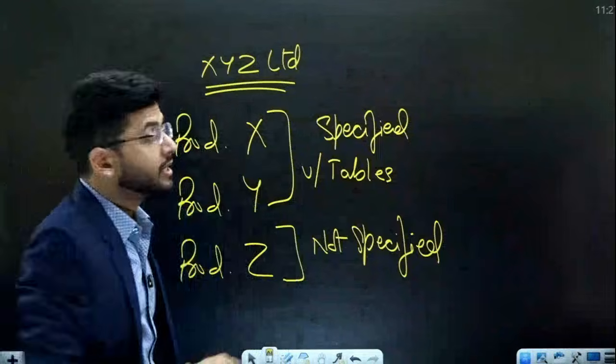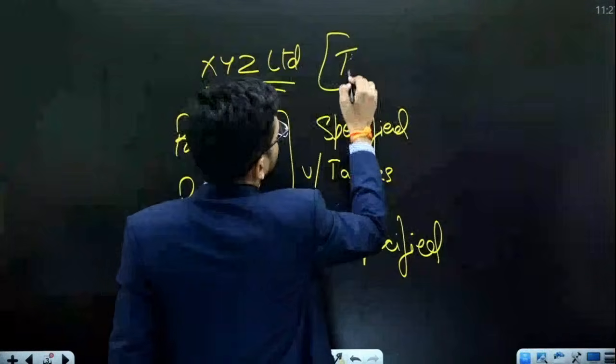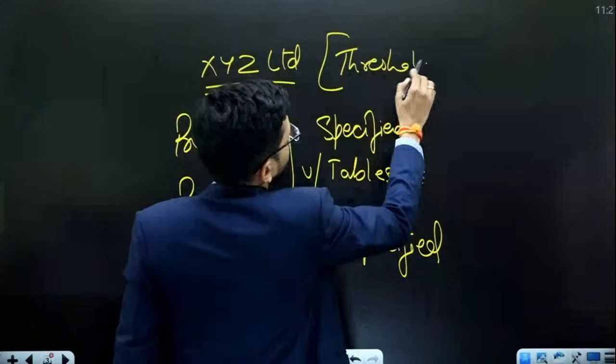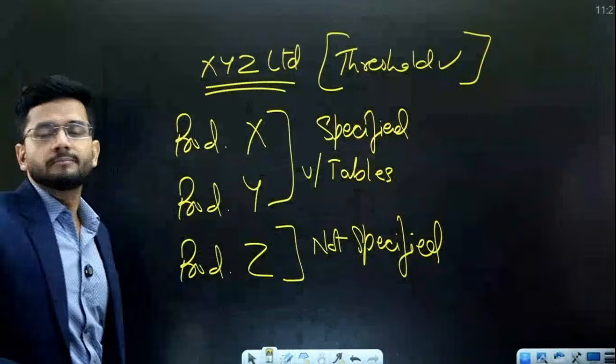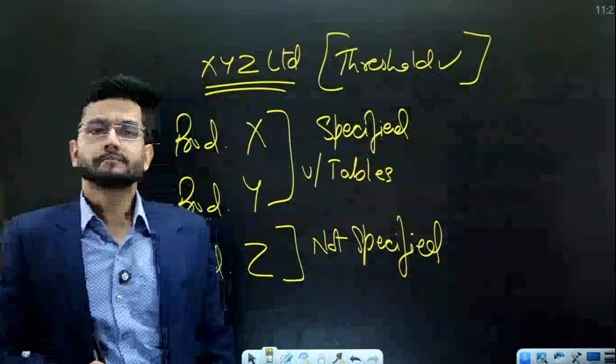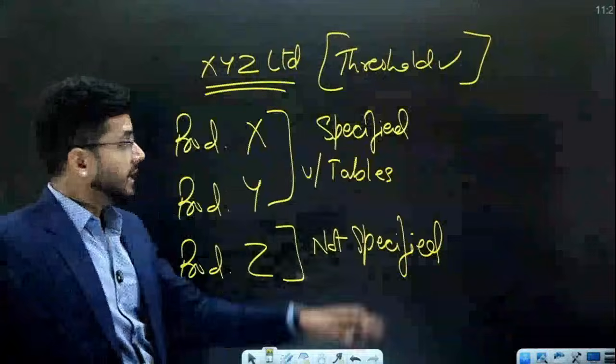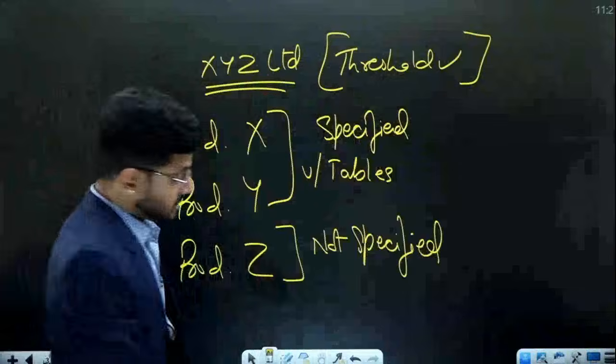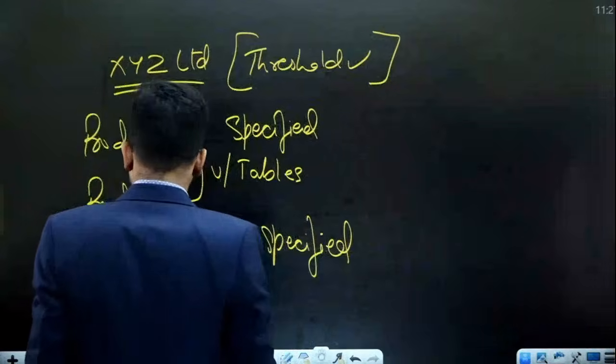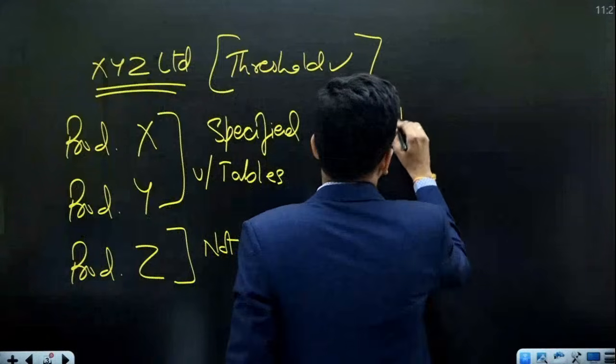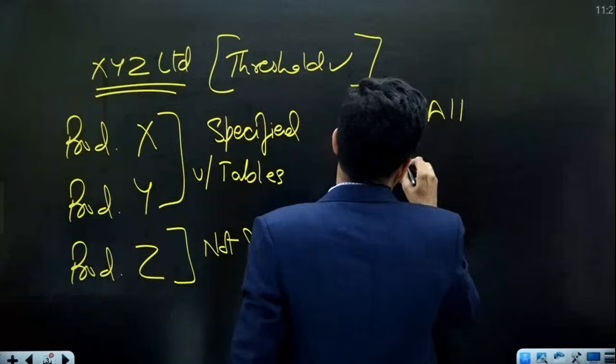Now my question to you is, assuming that their threshold limit is met, please tell me in the chat box, cost records are required to be prepared of which all products? Option number 1, all the products.